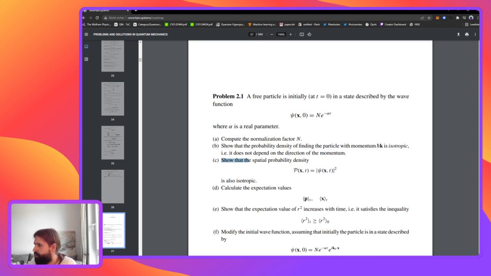C, show that the spatial probability density is also isotropic. Okay, so in this case, built upon these, I'd find the normalization factor n, although I can probably do that without these, and then compute that squared. That should even be fairly easy to do, right?